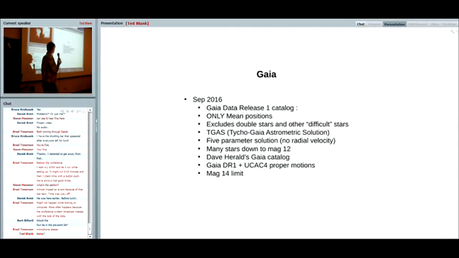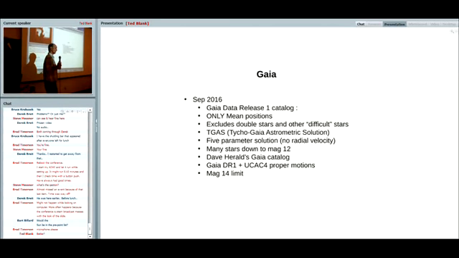Gaia. Okay, Dave's already talked about it a lot, so I don't want to repeat too much of what he's already said. The key is it's going to help us a lot with a lot of stars, but not every star, because quite a few stars out there are either double or somewhat compromised by possibly being double. So we're still going to have to wait a while before they really handle all those situations, but hopefully we'll get a lot of benefit in the short term.